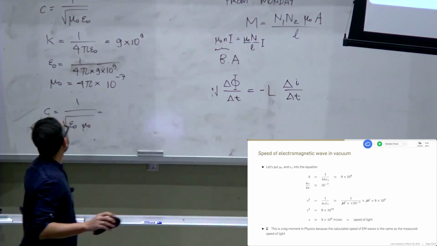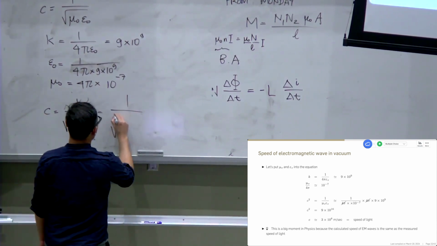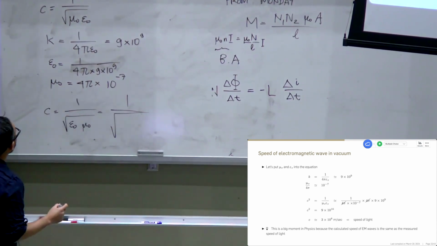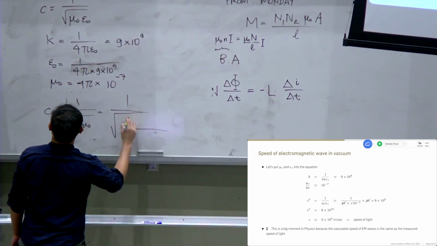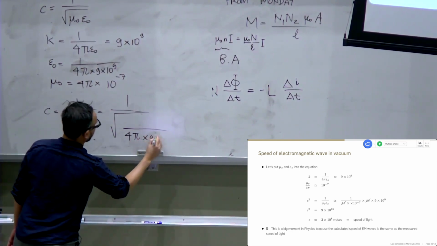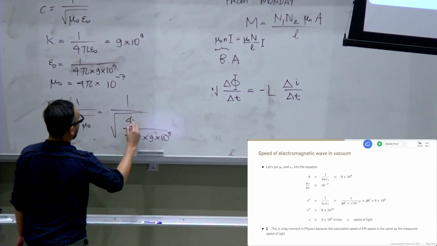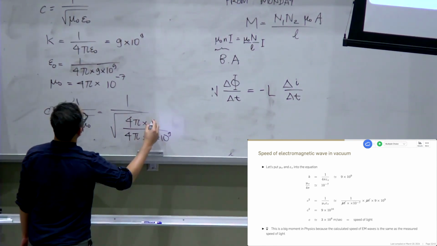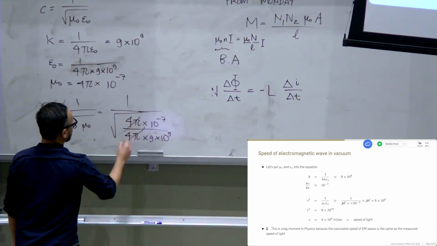So epsilon naught is 1 over 4 pi times 9 times 10 to the 9. So C is equal to 1 over the square root of mu naught times epsilon naught, which is basically 4 pi times 9 times 10 to the 9th, with mu naught being 4 pi times 10 to the minus 7th. The 4 pi cancel.